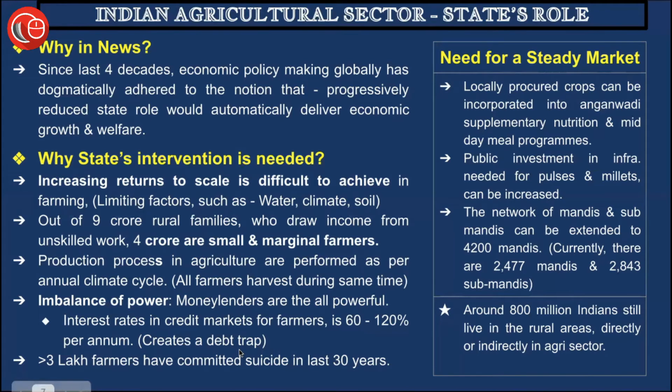Because of this mainly, there have been many suicides. In the past years, more than 3 lakh farmers have committed suicide in the last 30 years, which is a very huge number.